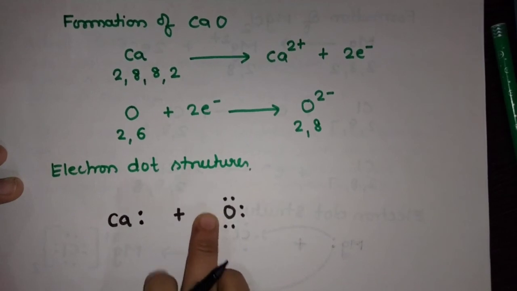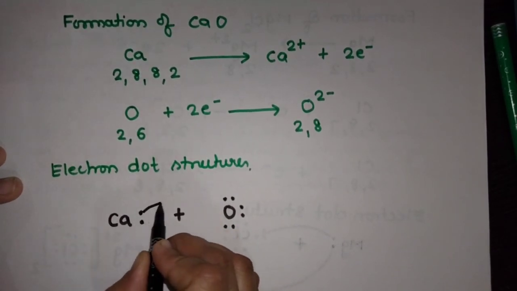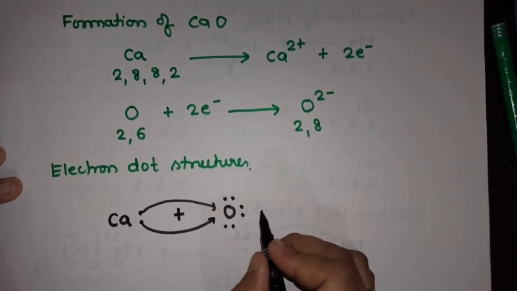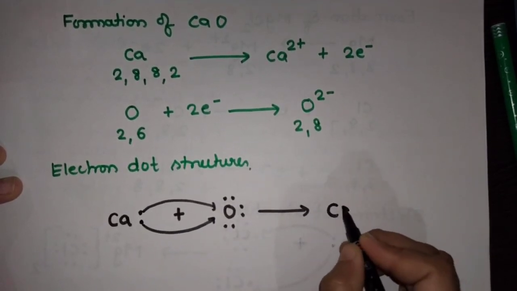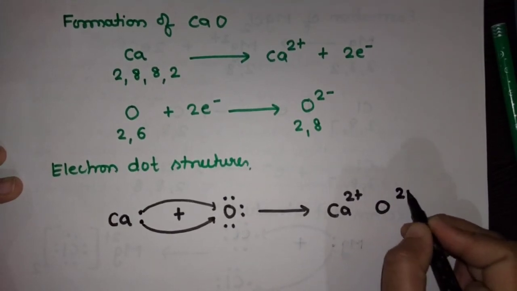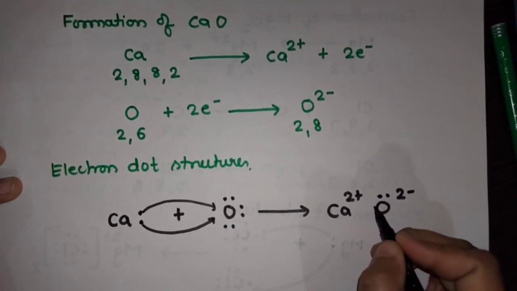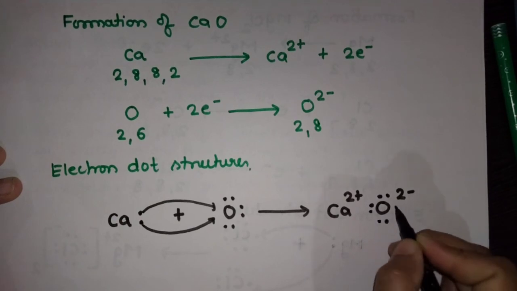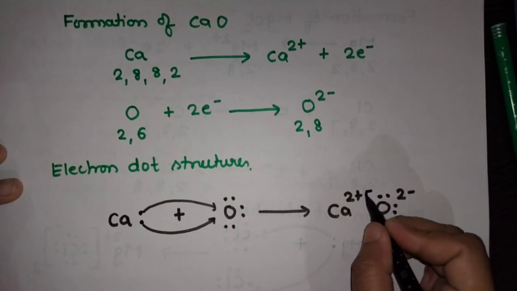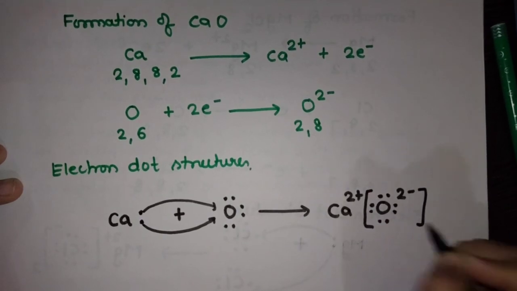Now there is a place for 2 electrons, so 1 electron will be here and 1 will be here. In this way this calcium will acquire 2 positive charge and this oxygen will acquire 2 minus charge with electrons. This is how we will arrange it. So this is the electron dot structure for calcium oxide.